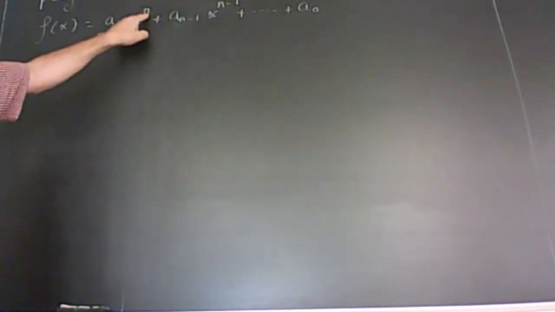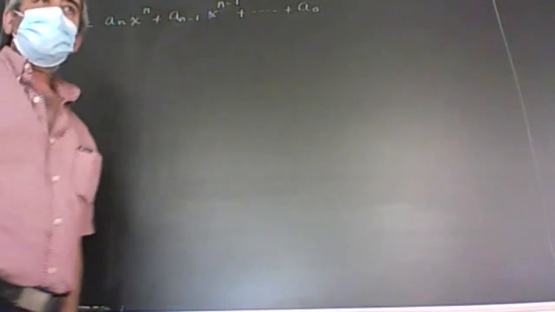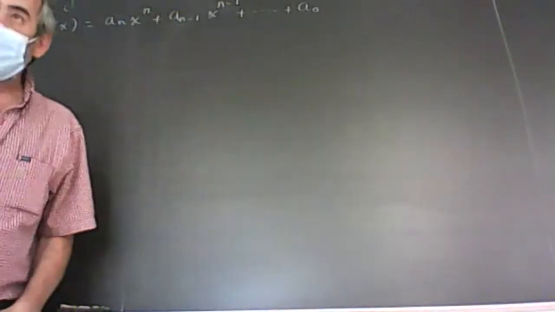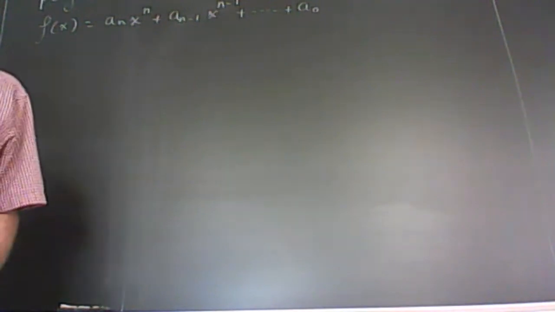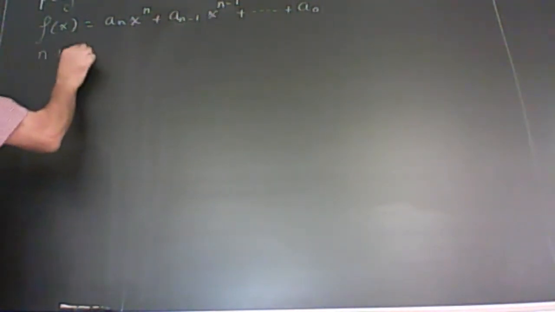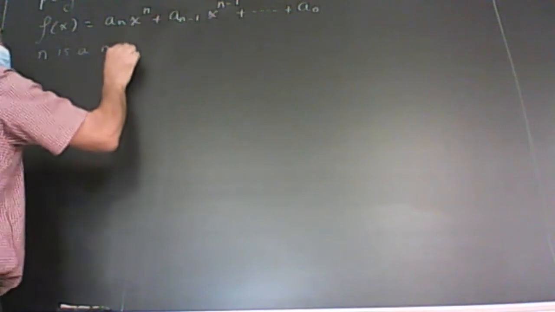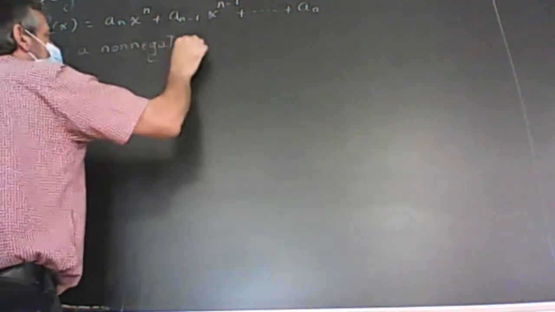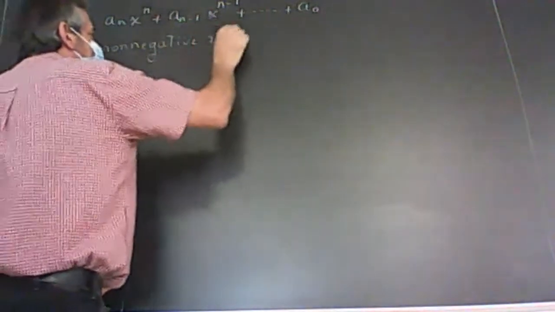The n on top of the x represents the exponent of the x. In order for this to be a polynomial, n is a non-negative integer.